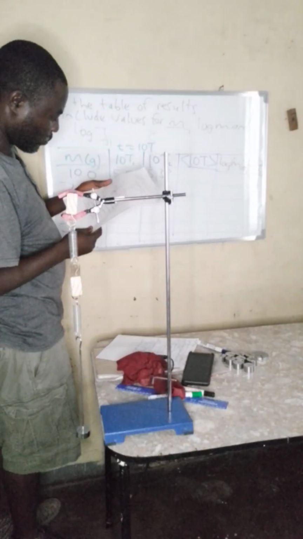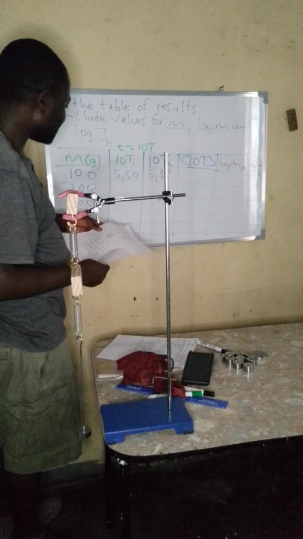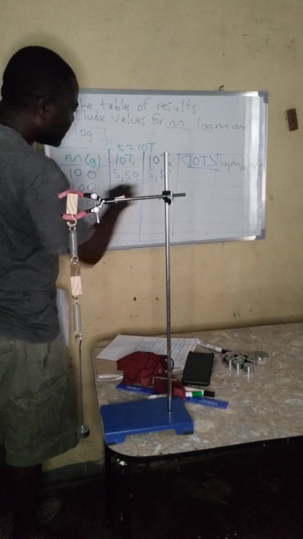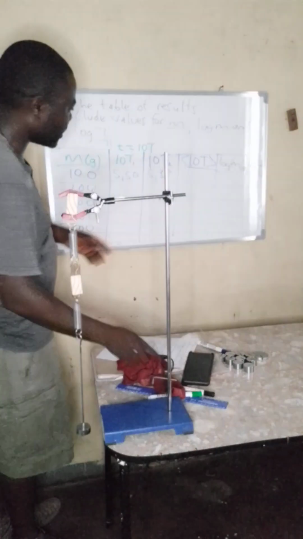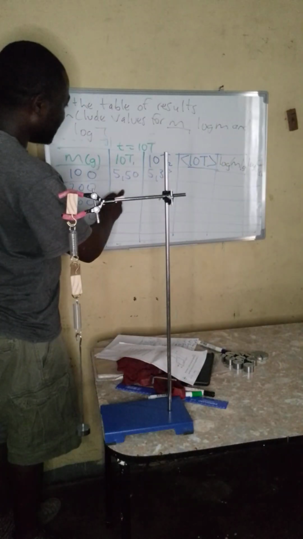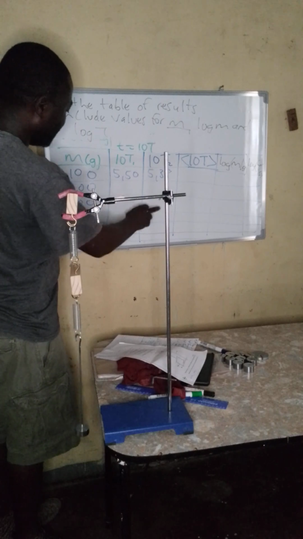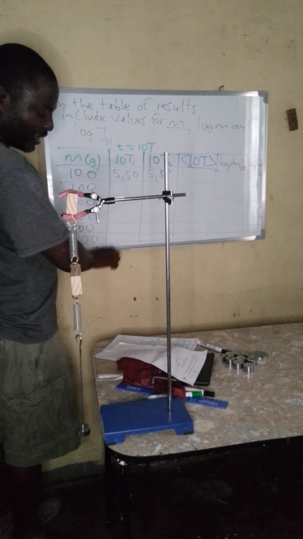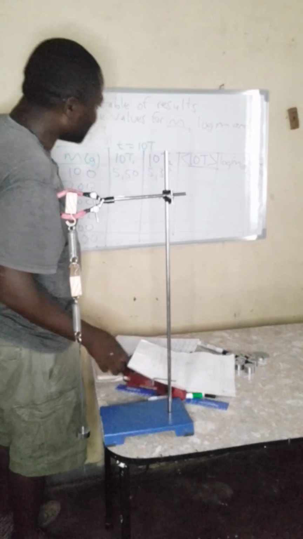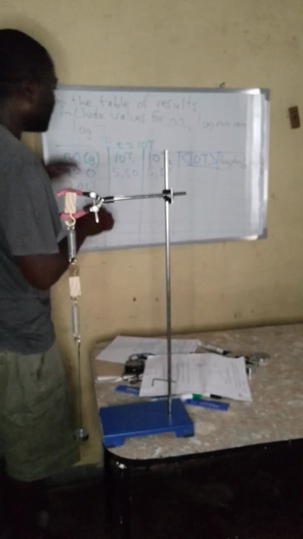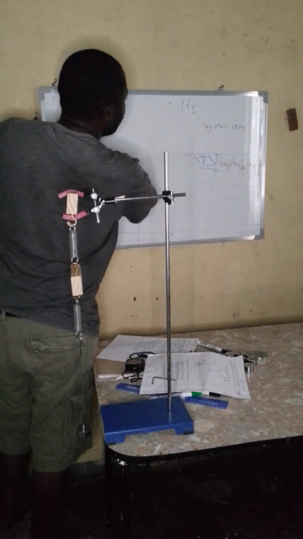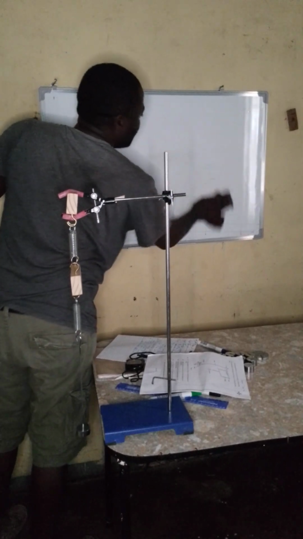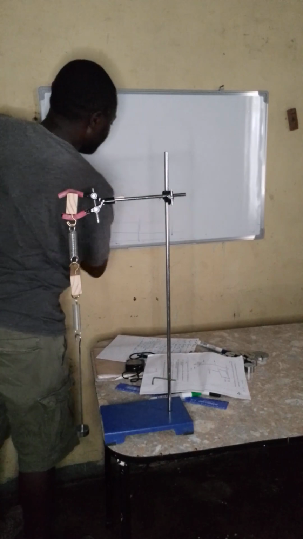Now we should also measure for 200, 300, 400, 500 and 600, measuring time 10 T1, 10 T2 until we have reached 600. So you can rewrite the table.